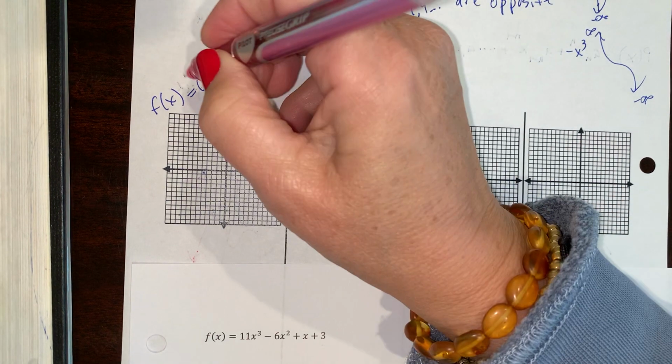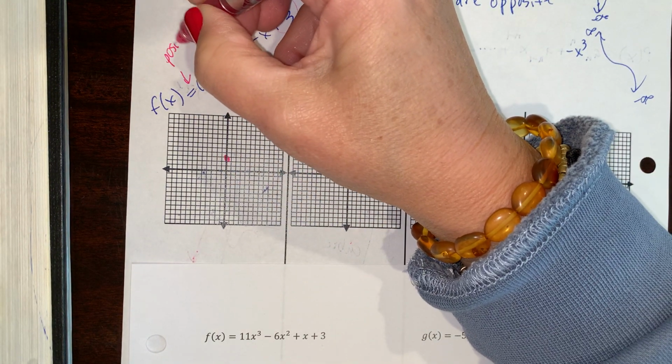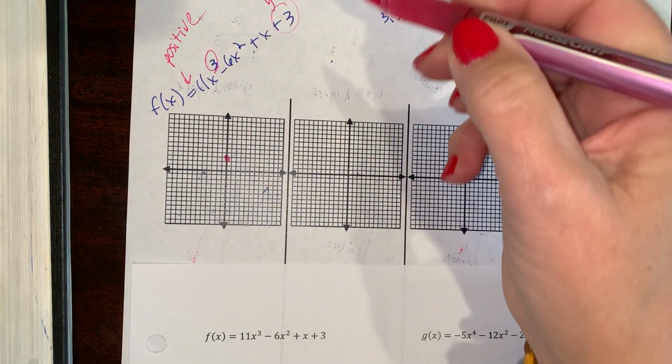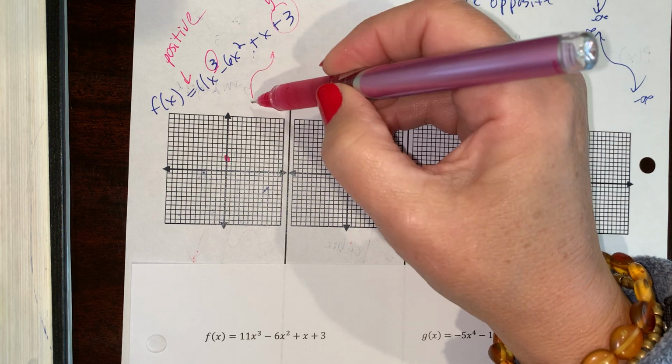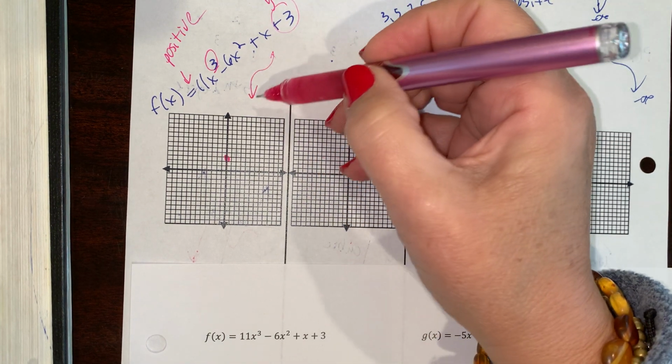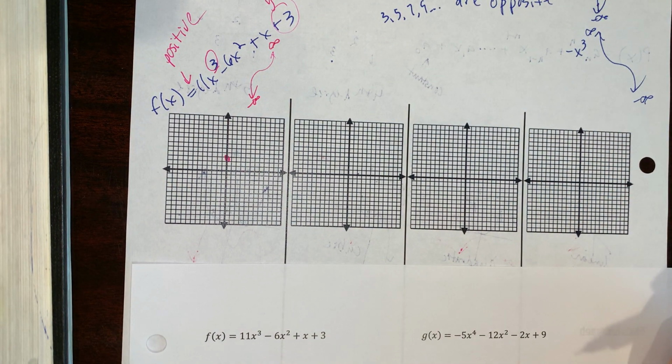Oh, and here's another thing. This is 11x, that's a positive number. So I know that this graph is going to have negative infinity on one tail and positive infinity on the other tail.